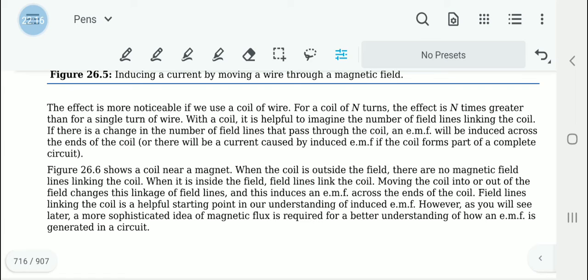For a coil of n turns, the effect is n times greater than for a single turn of wire.